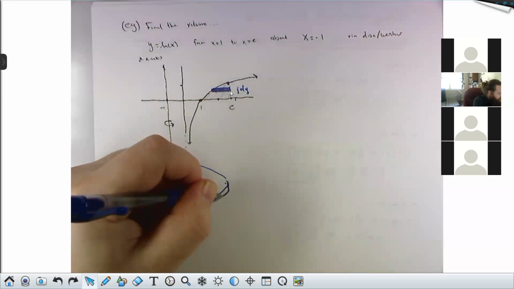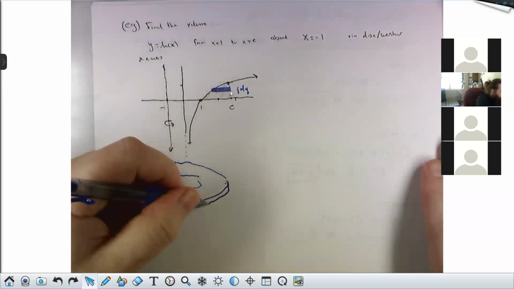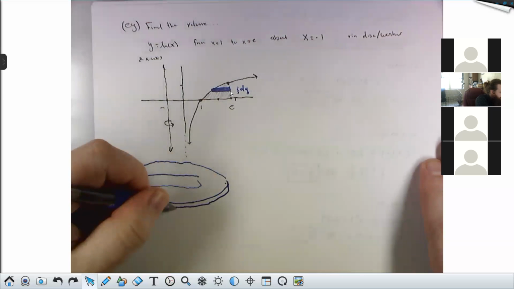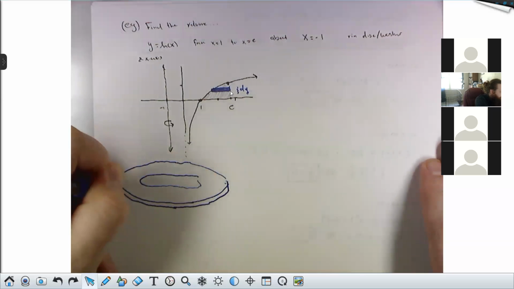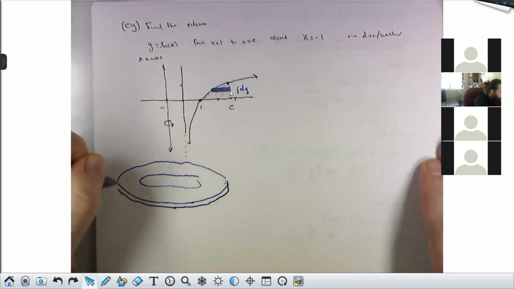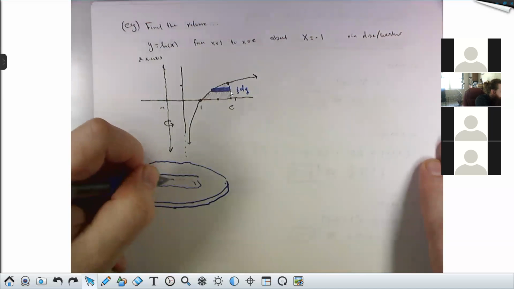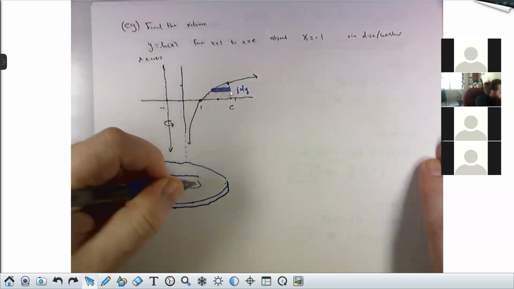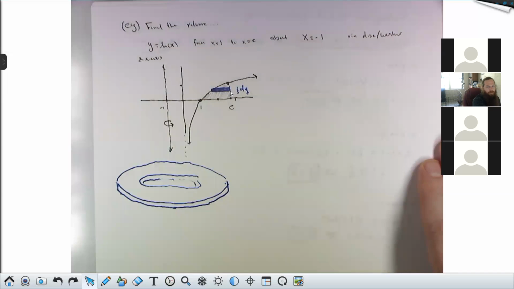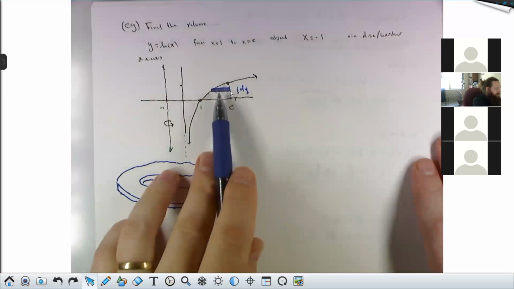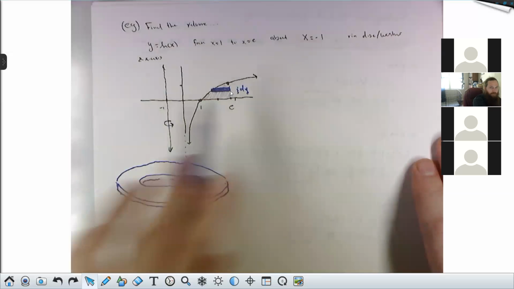And the volume of this little washer is going to be determined by 2 radii and its little thickness. Okay, so here's my washer that I would get from rotating just this little strip around this axis.